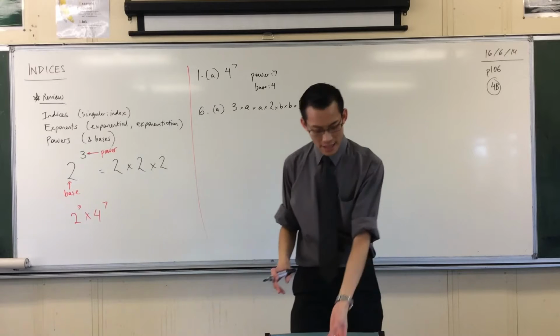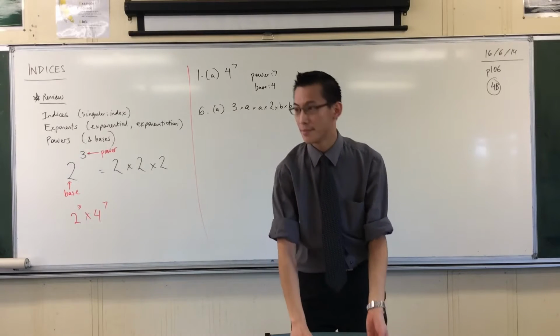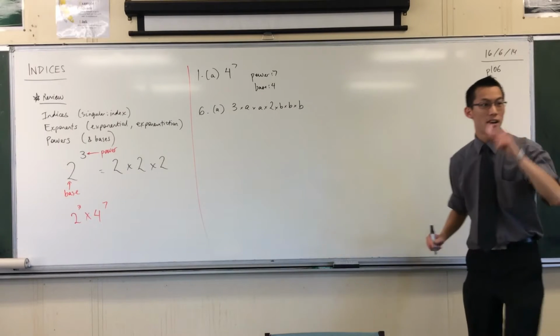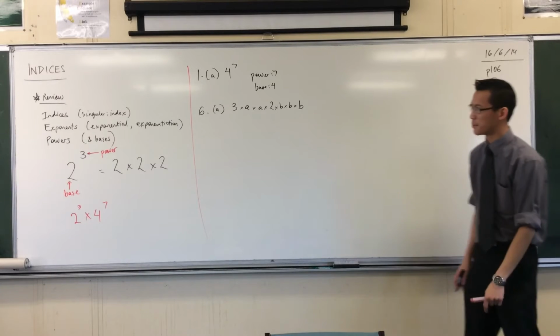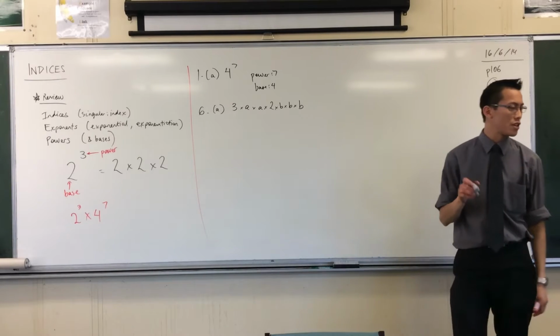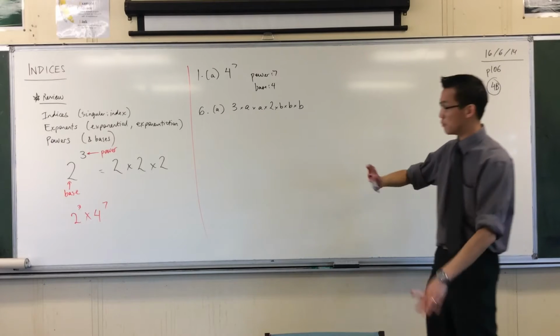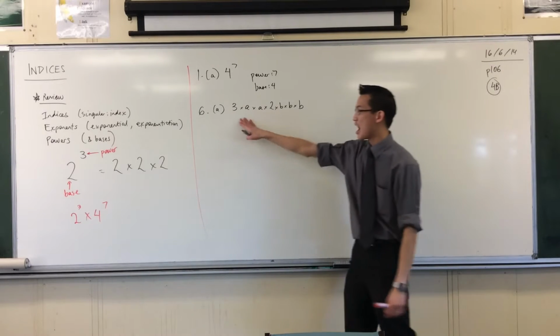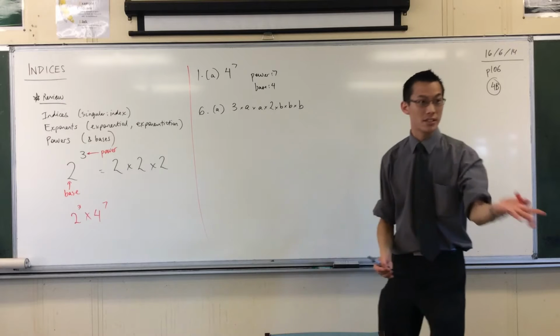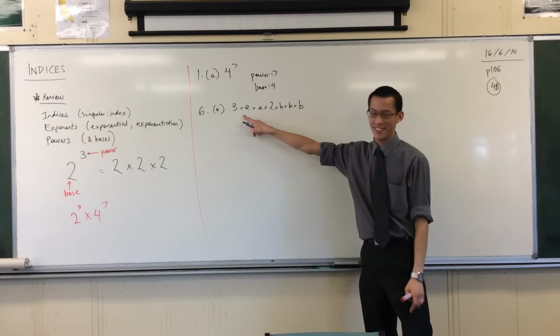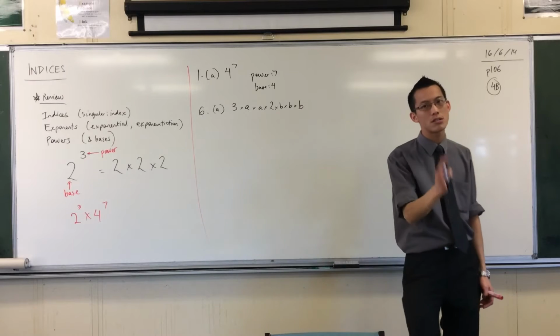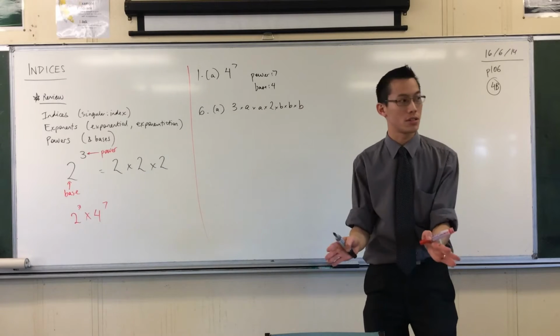Now, this is a good time to mention that you've got to be very careful in this topic, more than any other, about how you do your timeses and how you do your x's. Because if you're like me, those look a lot like x's, right? So you've got to do something to make sure you can distinguish them.